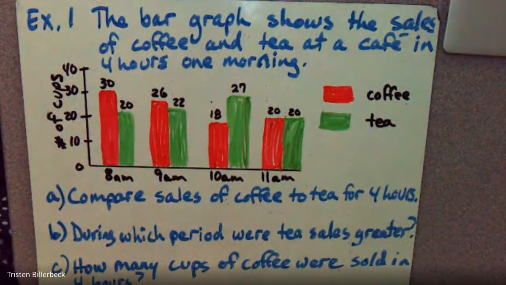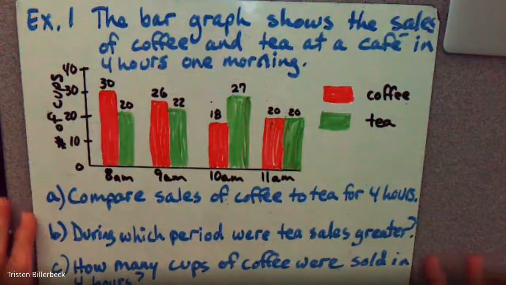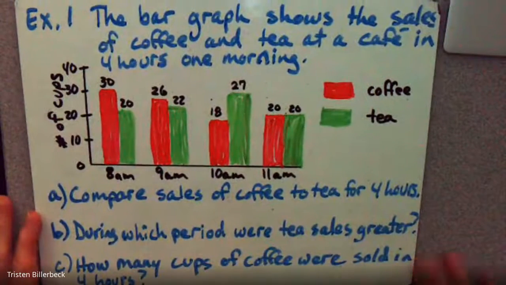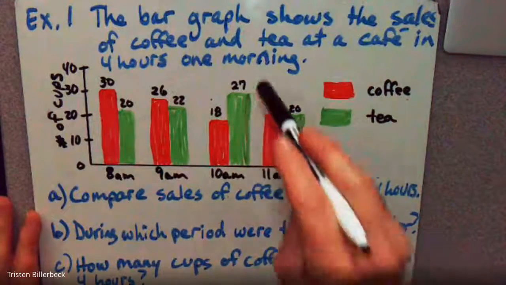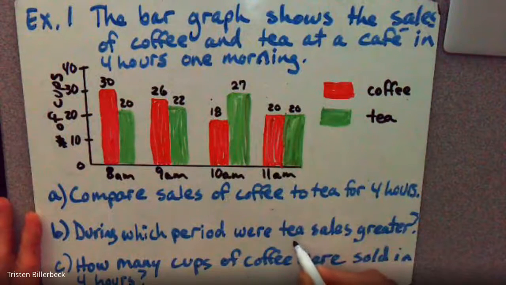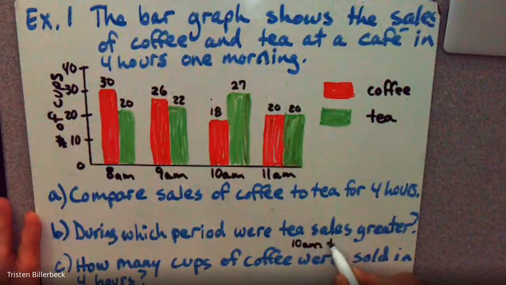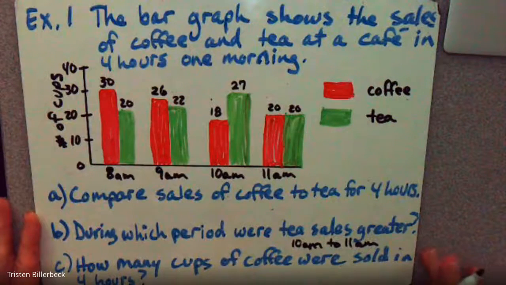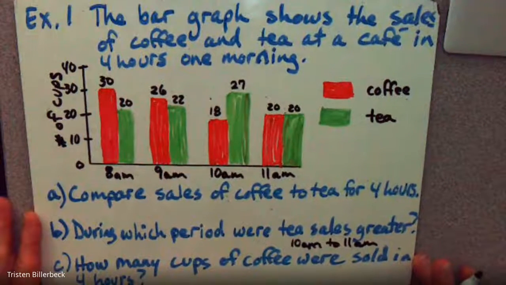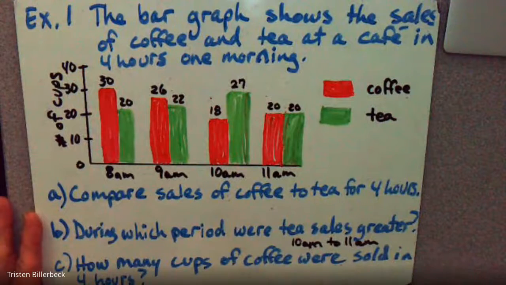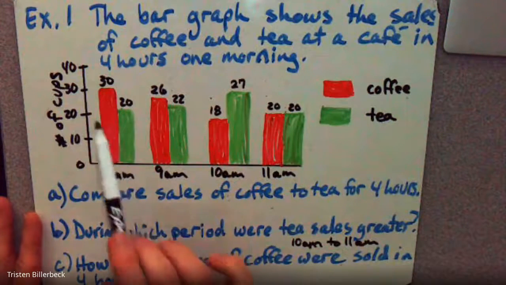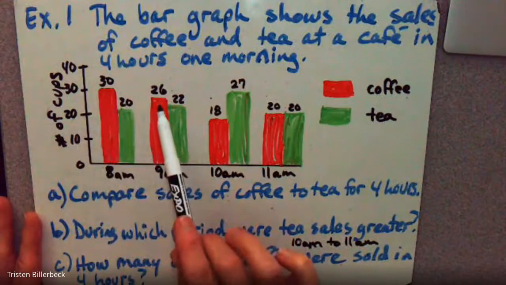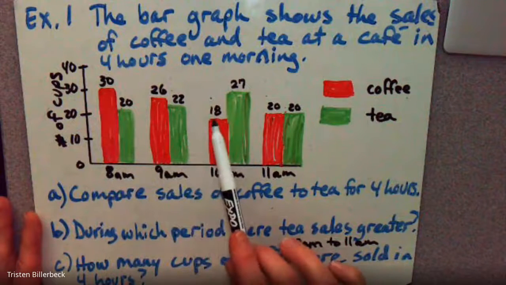So now let's look at which period tea was sold more. Well, that was at 10 a.m., so the time period was between 10 a.m. to 11 a.m. That would be the time period that tea was sold more often than coffee. If we add the total cups of coffee, we see we have 30 plus 26 is 56.